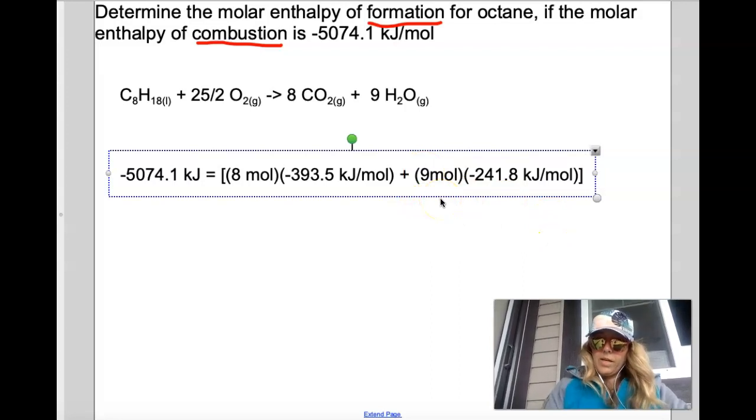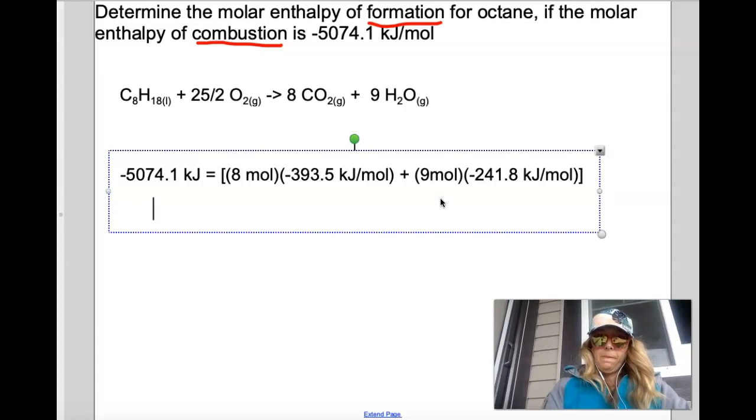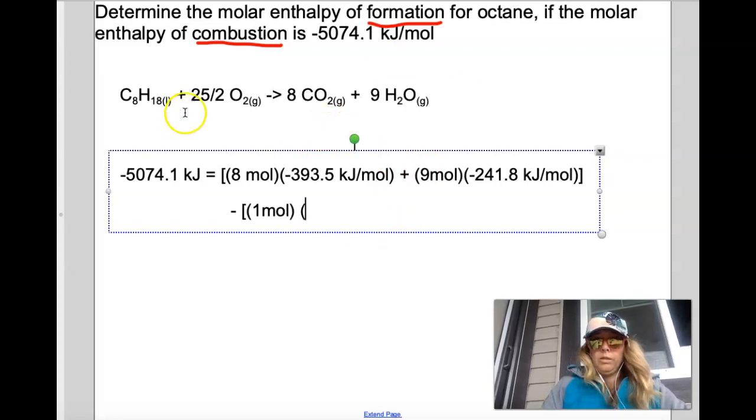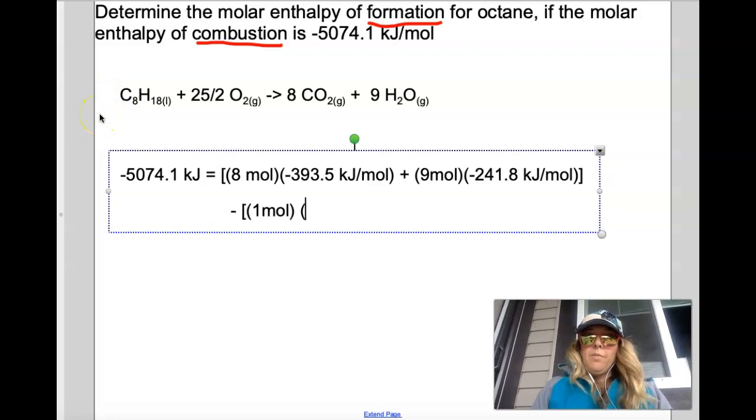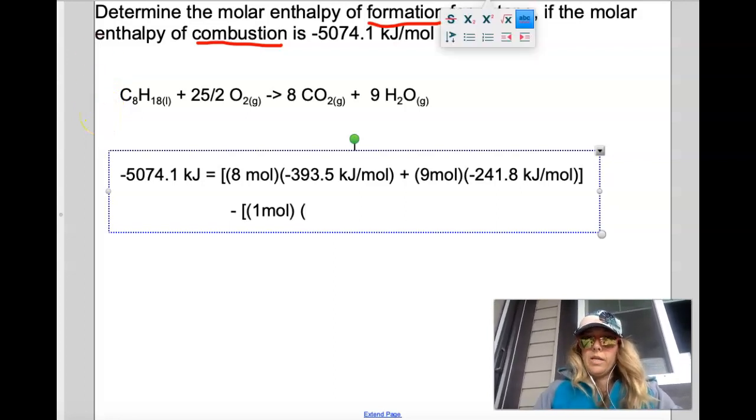And then we are going to say minus the sum of n delta FH naught of our reactants. So we're going to say 1 mole. And in this case, we're going to pretend we don't know what the heat of formation of this is. We can't actually look it up in our data booklet because that is what this question is asking us to find.